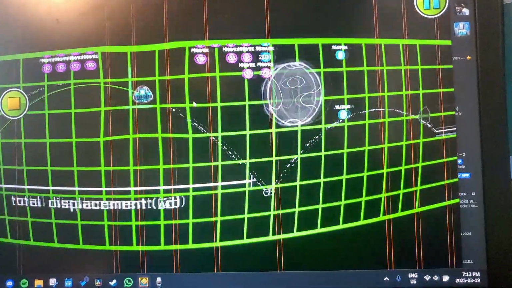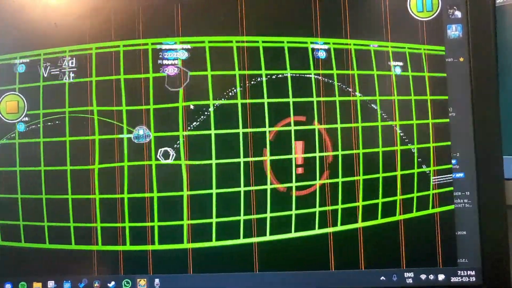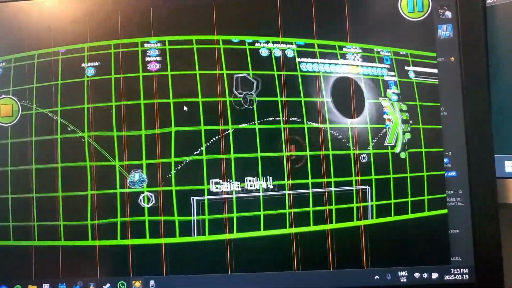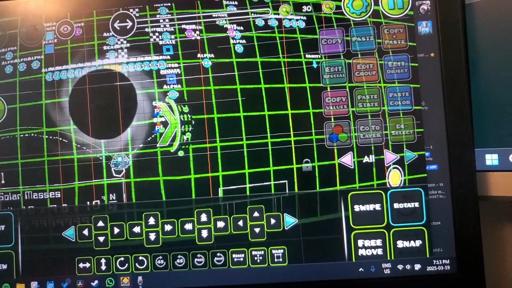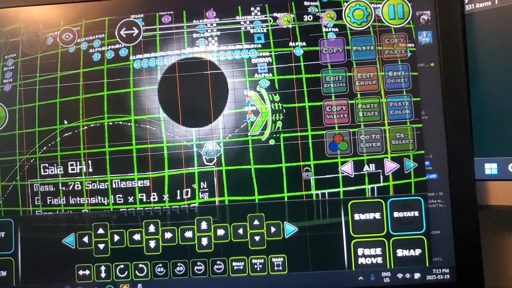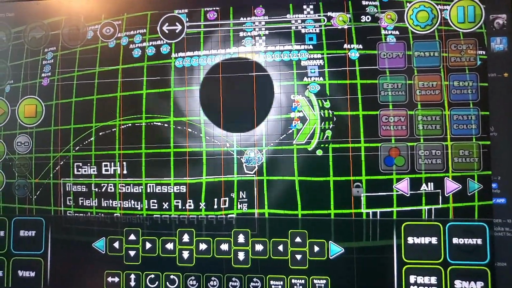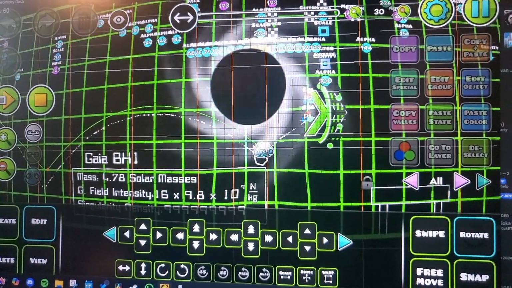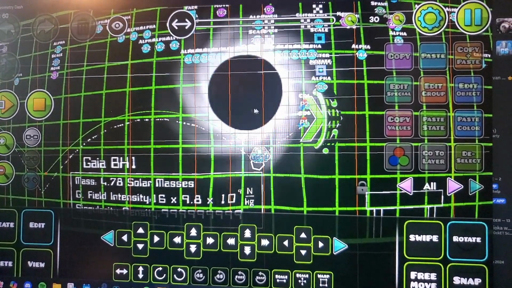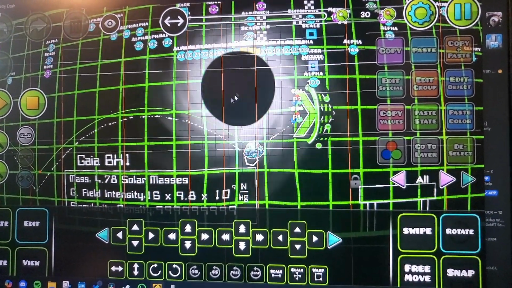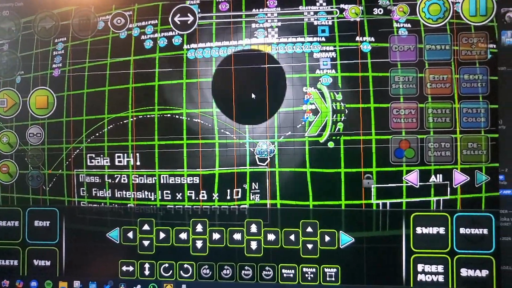So this part, they actually orbit around, and once you get past here, you get to see what they're orbiting around, which is a black hole. And once it orbits around, since the black hole's gravitational field strength is so strong, it always orbits around and around, and it gets closer and closer until it lands in the black hole.